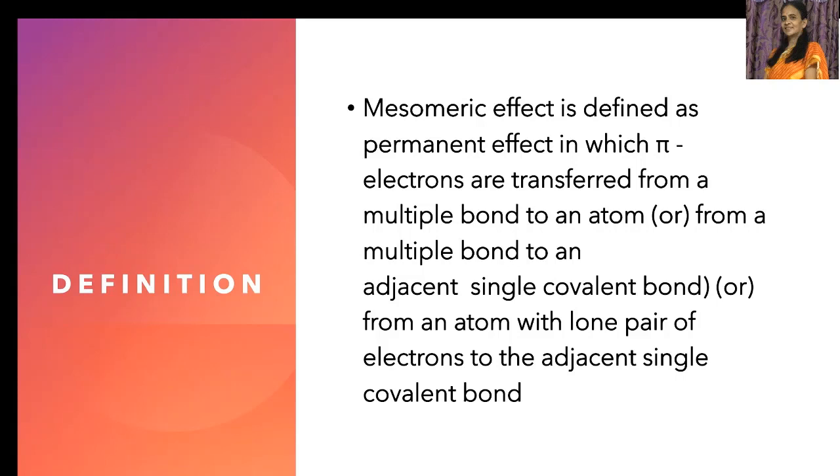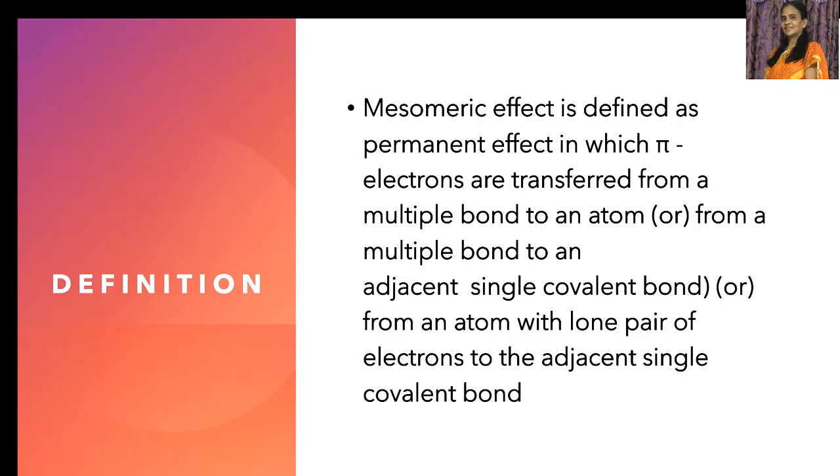So there are three types of transfer of electrons that we can see here.